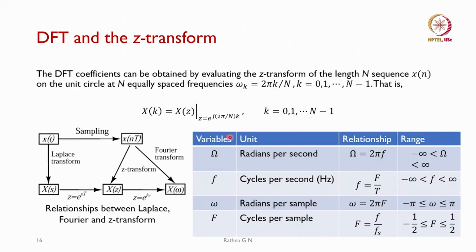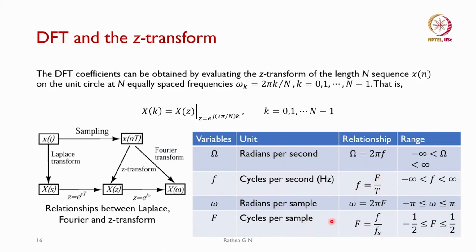Okay. So, the units, variables, relationships and ranges are shown in this table. If we represent it as capital omega, we call it radians per second. So, capital omega will be 2 pi f, and this is the range for capital omega, that is minus infinity to infinity, and f we call cycles per second, in hertz. Here f is equal to capital F by T, where capital F is assumed to be the sampling frequency.